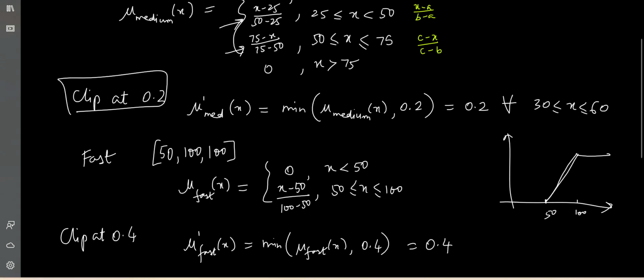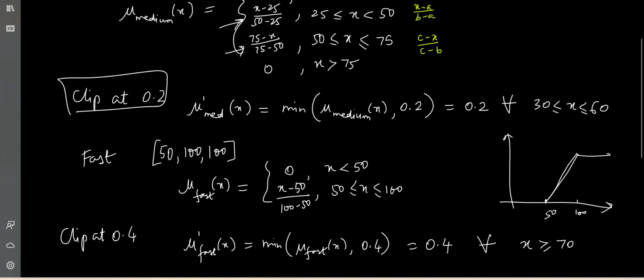So I can write it the same way: mu fast of x is equal to 0.4 for all x greater than or equal to 70. And what about the other values from 50 to 70? Let us say 60: 60 minus 50, 10 upon 50, 1 upon 5, is 0.2.